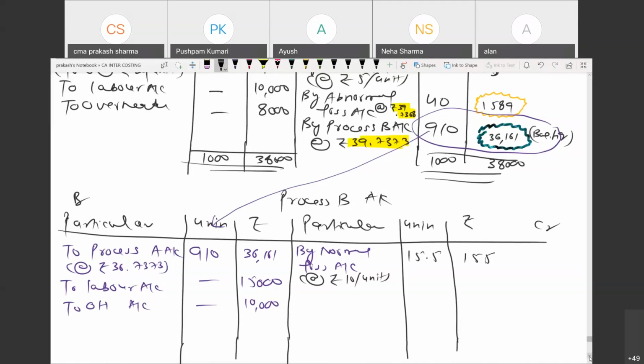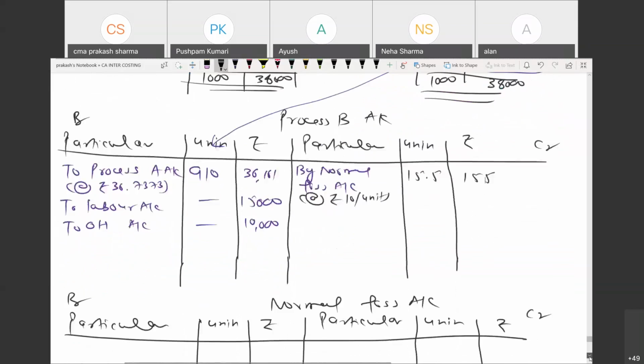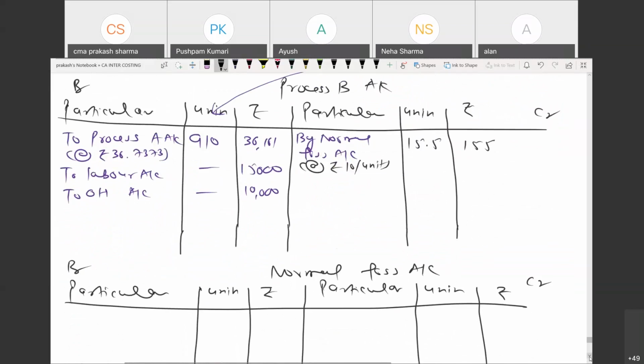Abnormal loss is recorded on the credit side, whereas abnormal gain is recorded on the debit side. So here I write abnormal gain. Sorry, I guess I have made a mistake in putting the value for normal loss. I think it is 45.5 now. Let me check again. Yes, normal loss is 45.5 units, students. 45.5 becomes 455. I guess it is correct now. And our abnormal gain is for 15.5 units.